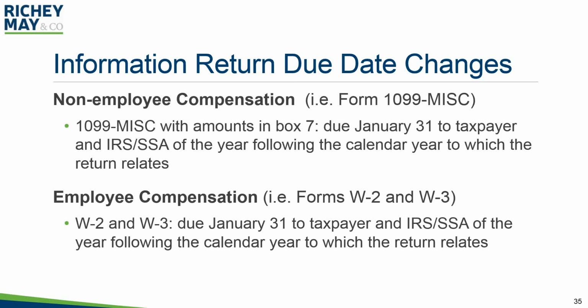Employee compensation on W-2s and W-3s, which is probably a little bit more common, is also due January 31st, whether filing electronically or by paper. I mentioned the electronic versus paper filing because in the past you've gotten at least a month longer if you're filing electronically, to give the IRS and SSA time to process paper filings.